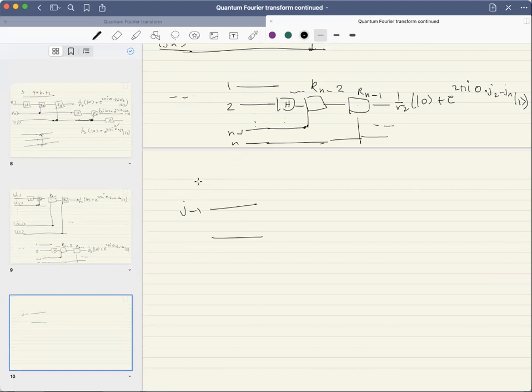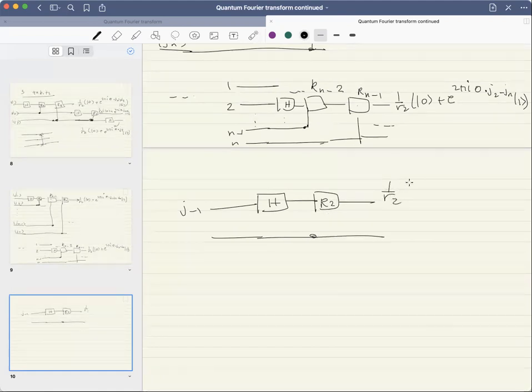When I'm happy with the earlier qubits, using the same structure, I start with a Hadamard, I hit an R2 here, and that's that. That gives me 1 over square root 2, 0 plus e to the 2 pi i 0.J n minus 1 Jn, 1. And for the last one, I hit a Hadamard, and I get my state.